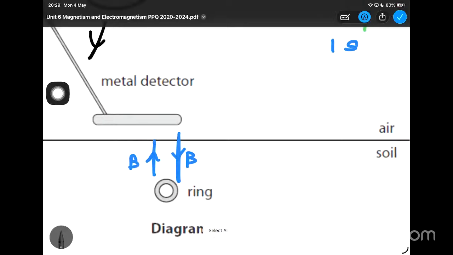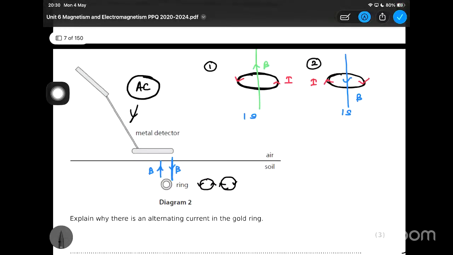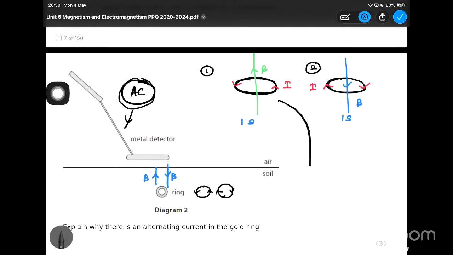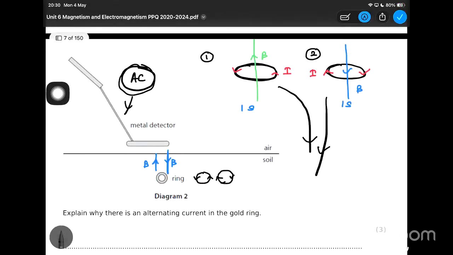Depending on that situation, at a given time the current will be going in this direction, and in the very next second the current will be moving the other way around. So that is the answer. Here we are dealing with alternating current, so the lower end has two different directions of currents generating two different directions of magnetic field.